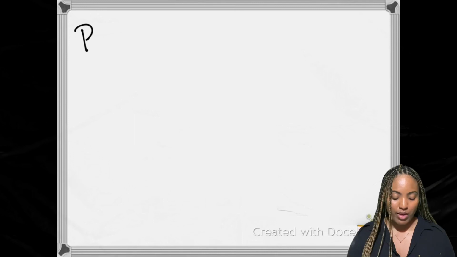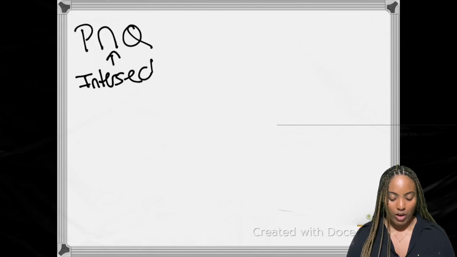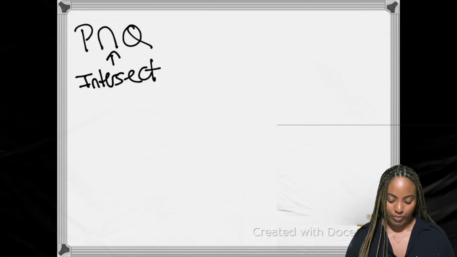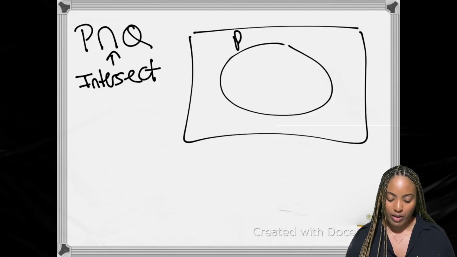The diagram, however, represents P intersect Q, meaning what elements are common to both P and Q. Now, let's imagine for the set which we have been given, we had the following.